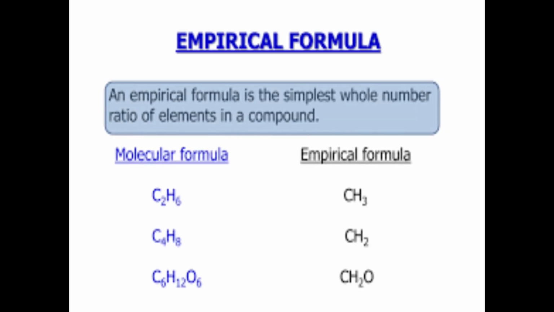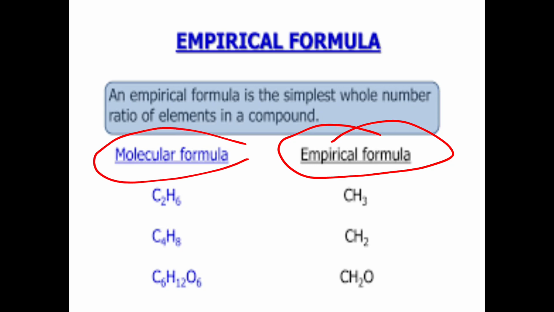So here is another type of chemical formula, which is called the empirical formula. Molecular formula and empirical formula, and this empirical formula can be same to molecular formula in some case, because each time we can't divide the subscript numbers.